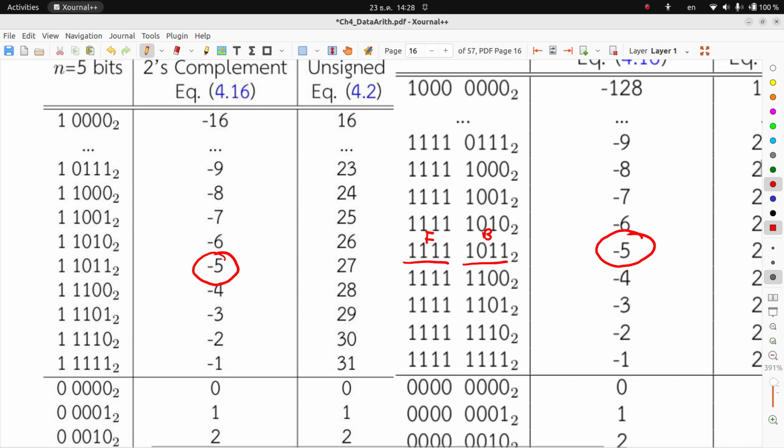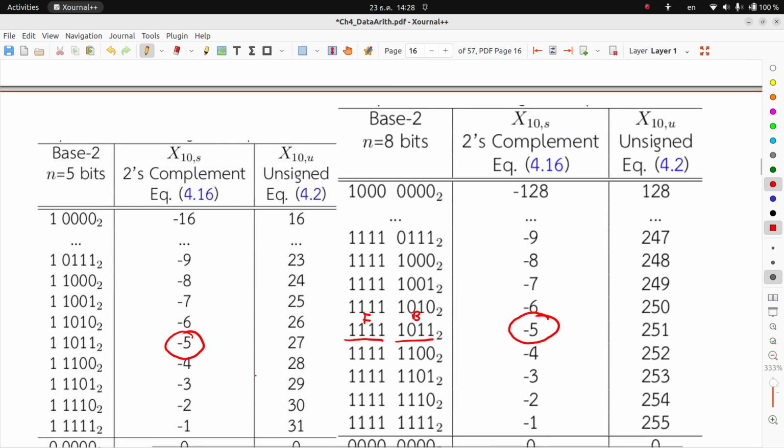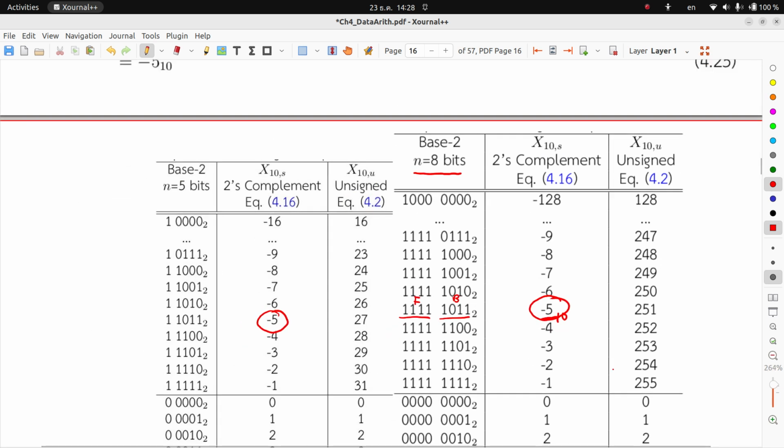FB in 8-bit 2's complement represents minus 5 base 10. And we call this concept sign extension.